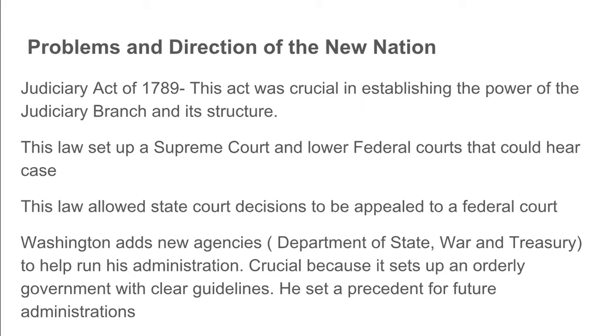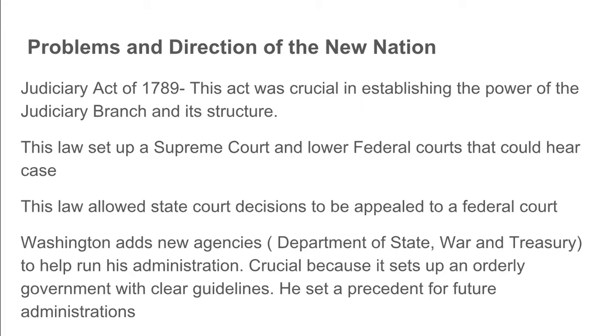The founders had passed an act in 1789 called the Judiciary Act. And this Judiciary Act established that the judiciary power of the government would have the final say on ruling over whether or not something was legal.